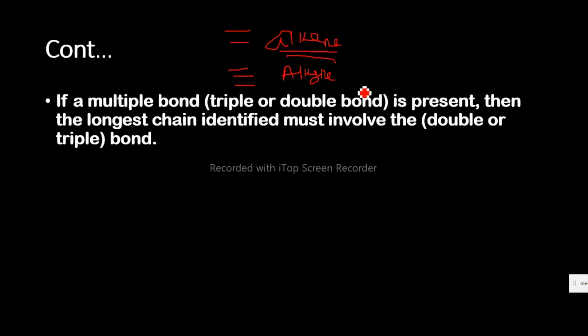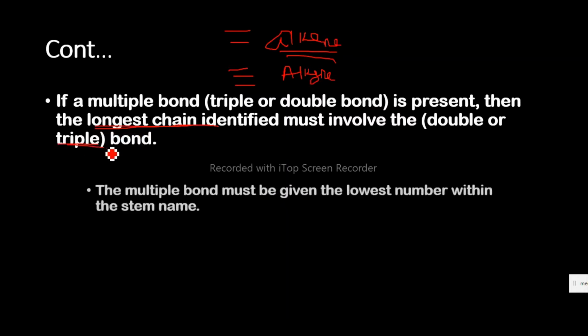If the double bond is present, then the parent chain or the longest chain identified must contain the double or triple bond. For example, you can see this.